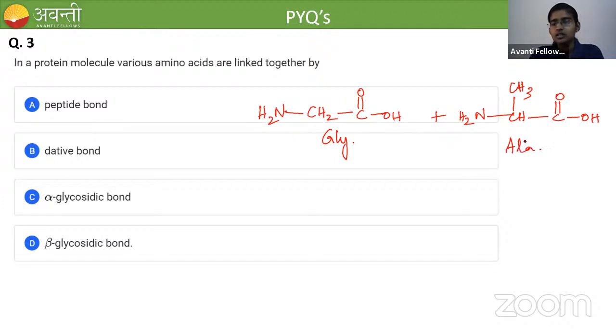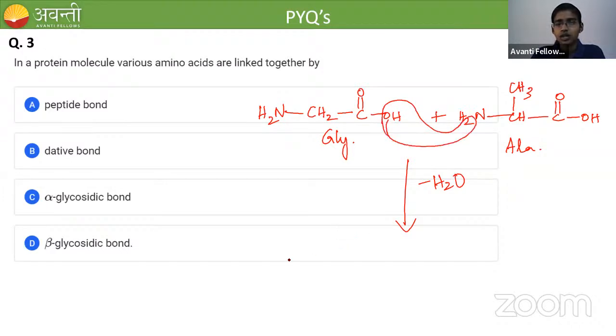This is alanine. So what I'm going to do is remove the water molecule. How to remove the water molecule? OH from the acid and H from the amine group will go out as H2O. And what we are getting at last is NH2, CH2, C double bond O, NH, CH, CH3 and COOH.